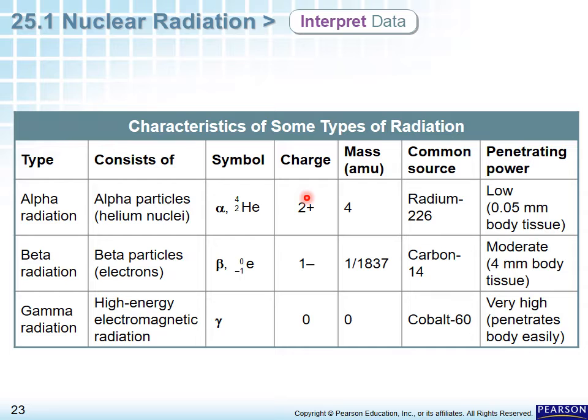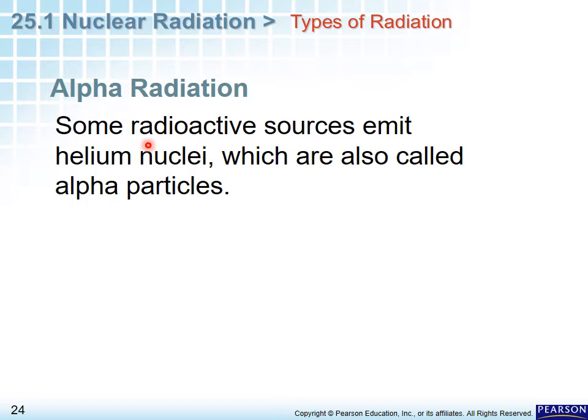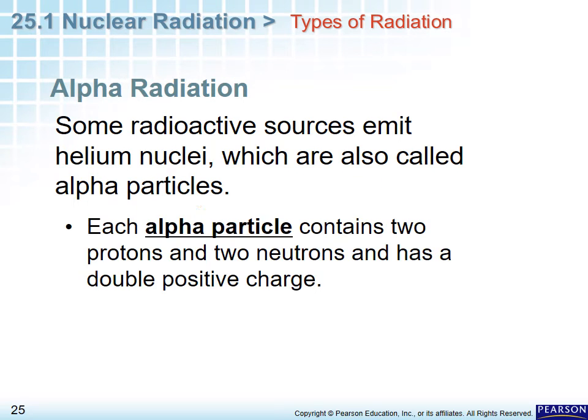Alpha has 2 positive charge, beta -1, and gamma no charge. Some radioactive sources emit helium nuclei, which are also called alpha particles. Each alpha particle contains 2 protons and 2 neutrons and has a double positive charge.